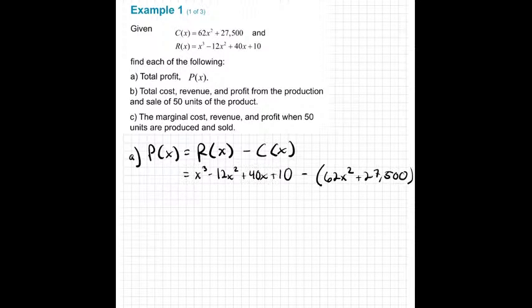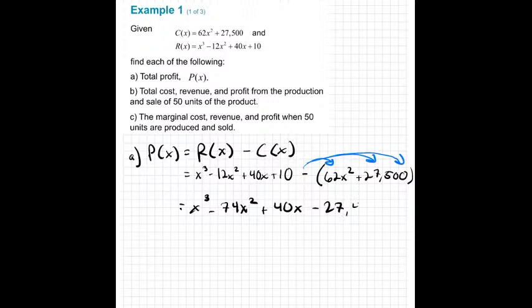So if we distribute this negative and combine like terms as best I can, there's no like term with the x cubed. We've got negative 12x squared minus 62, was it negative 74? 40x, there's no like term with that one. 10 minus 27,500 is negative 27,490.